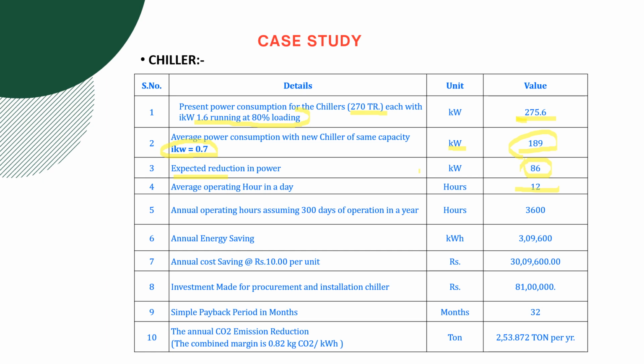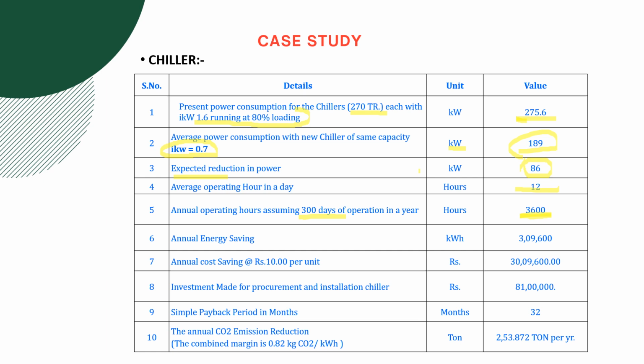Annual operating hours: let's say the chiller operates for 300 days only, because in January and December we will not run this chiller, but most of the days in Delhi we use chillers. So the operating hours are 12 into 300, 3600.